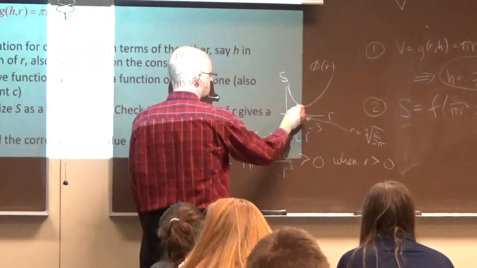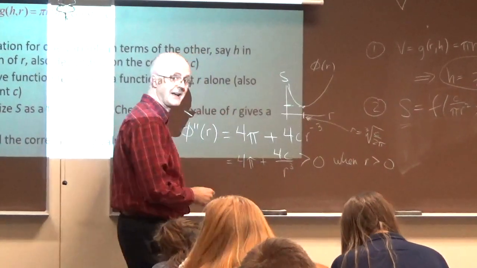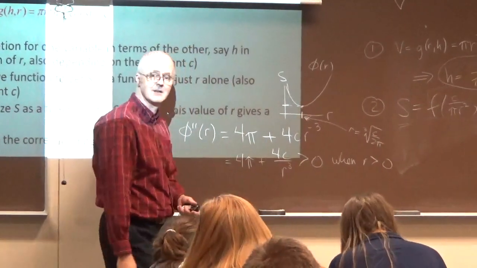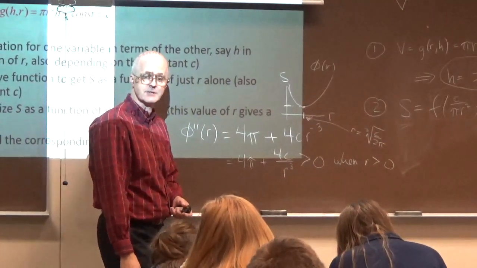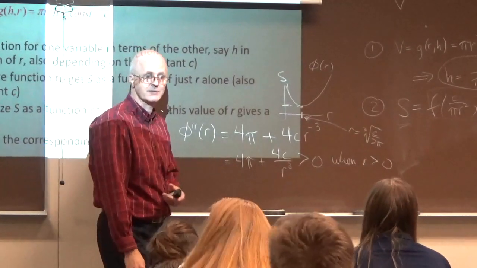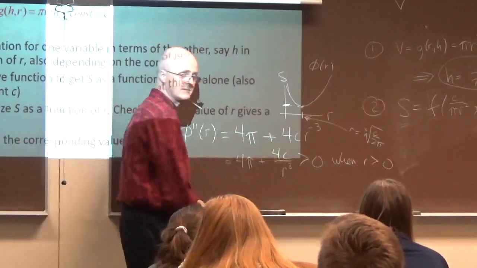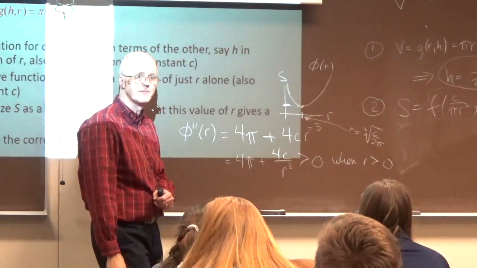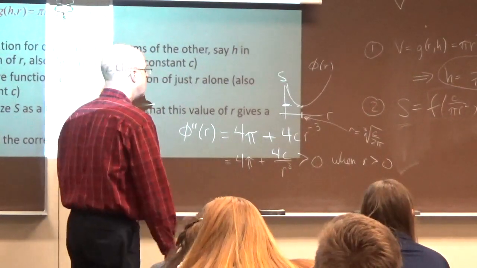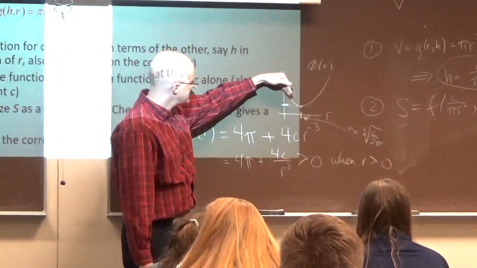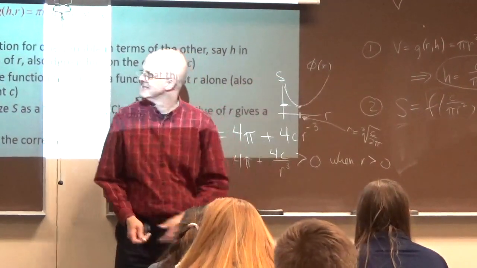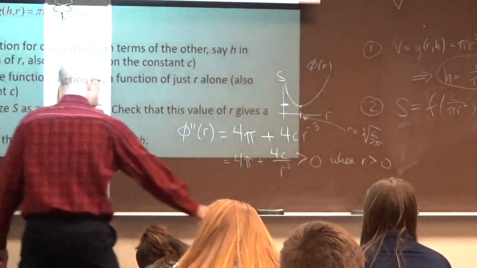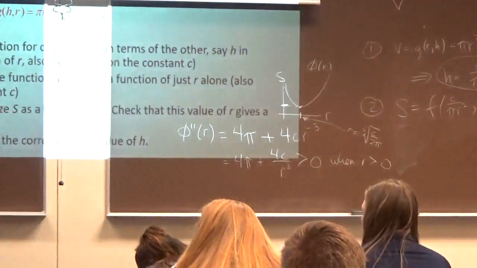And the second coordinate of this point is the minimum surface area. I haven't found that yet. I found the height of the candle that minimizes the surface area, but I haven't found the actual minimum surface area yet. It would be whatever this number is. It would depend on c. Does the first derivative change sign from negative to positive? It's a little harder to think about, especially with an example like this, I think.